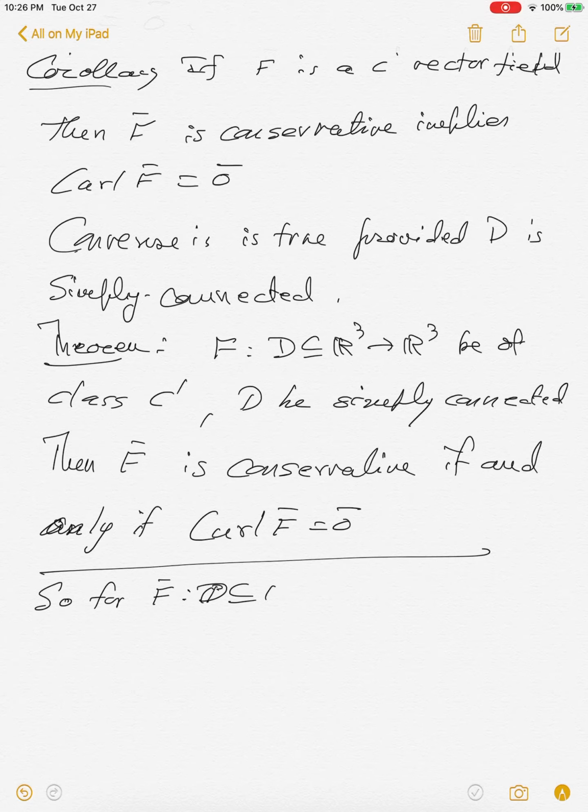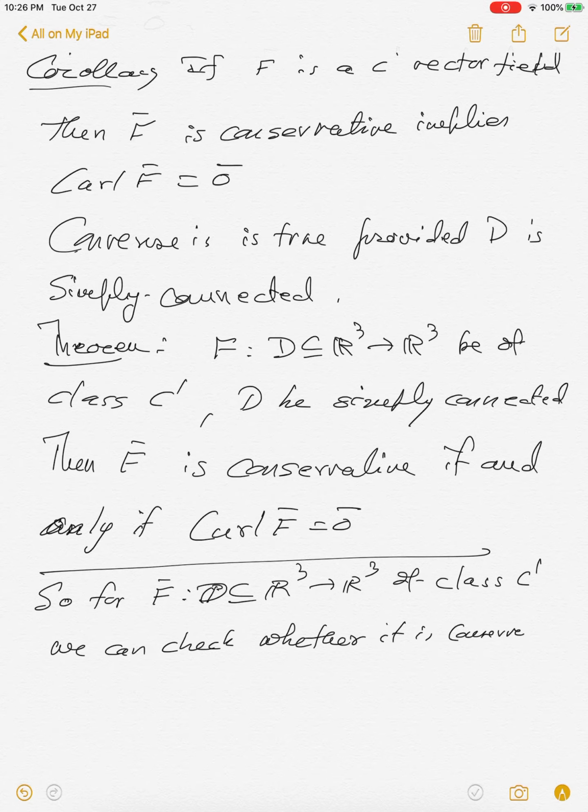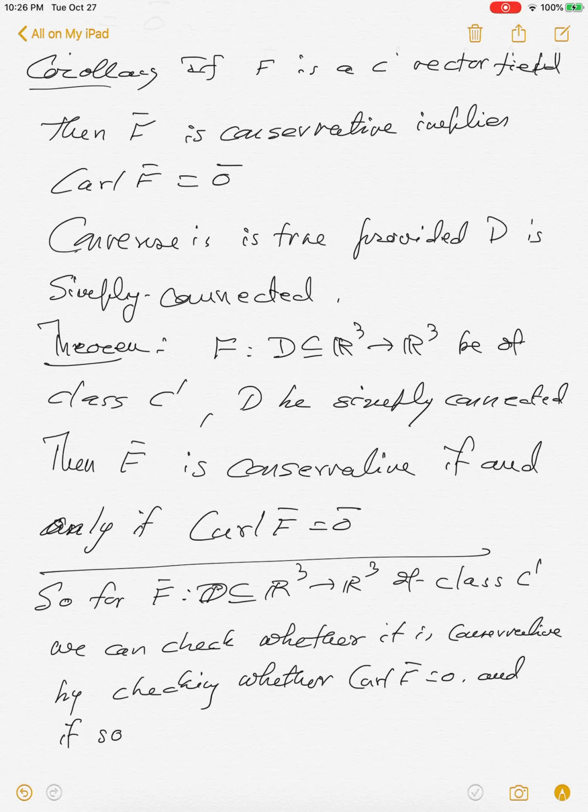So how to find? For f bar from D in R3 to R3 of class C1, we can check whether it is conservative by checking whether curl of f bar is 0, and if it is so, finding phi will be exactly as before.